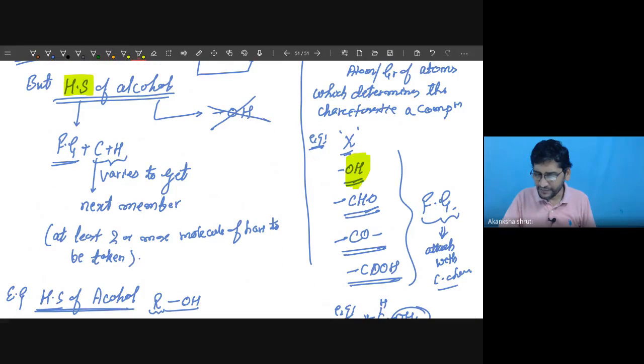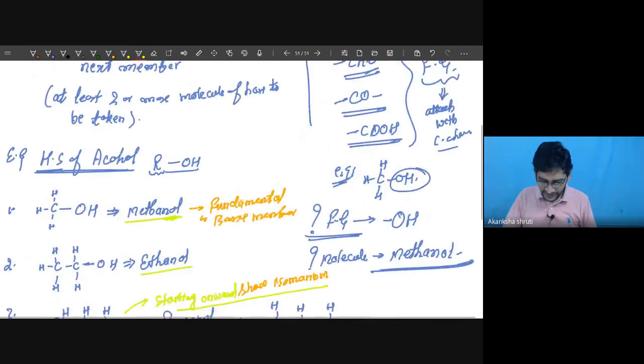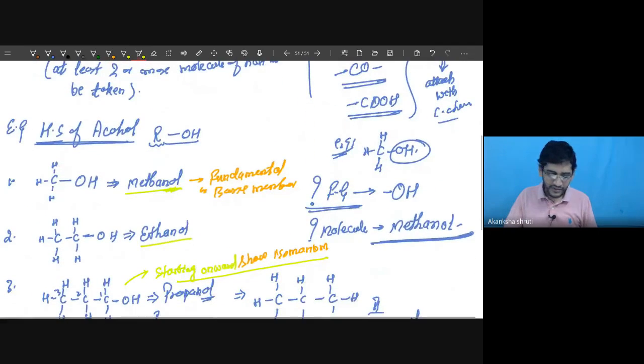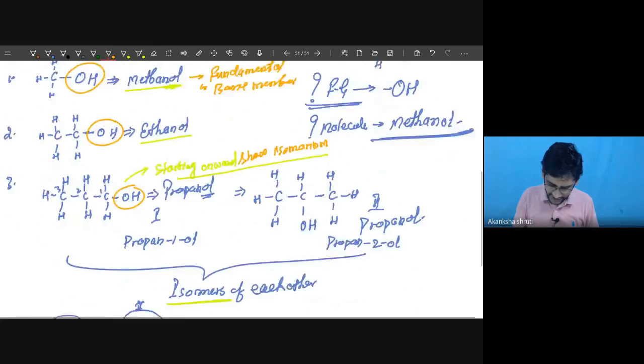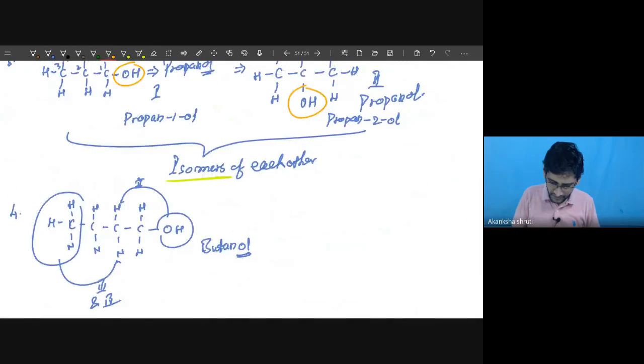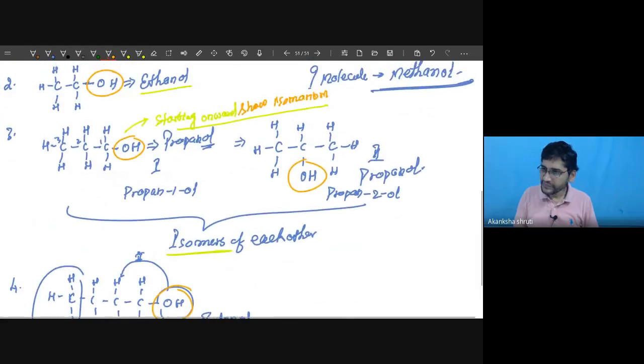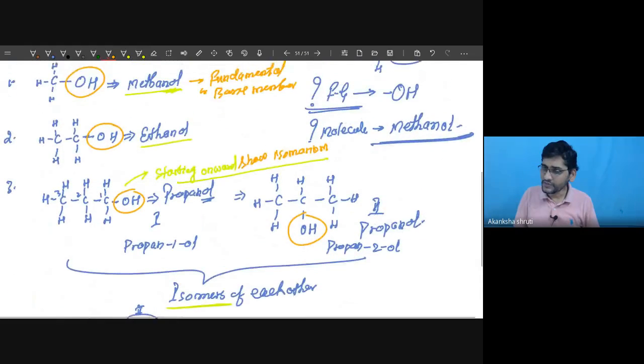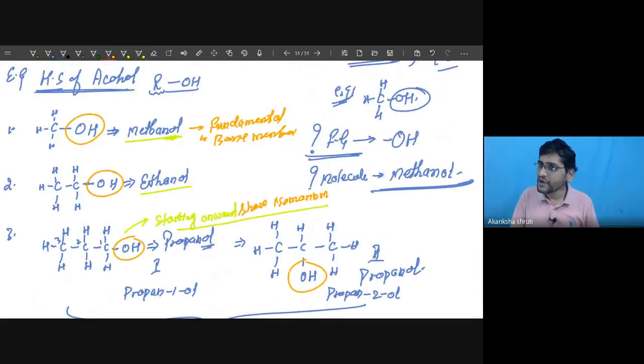Even if we have to name the functional group, we are not writing methanol, ethanol, propanol, but only this much part. So here we are getting all the molecules or compounds containing the same functional group, but whether they are exactly the same, no.